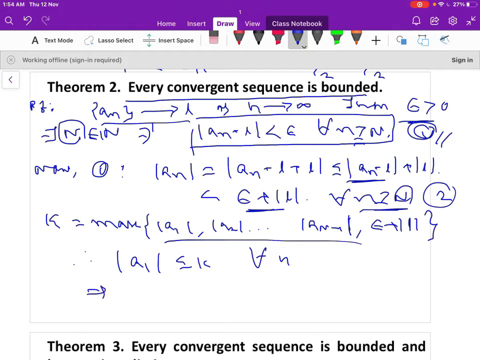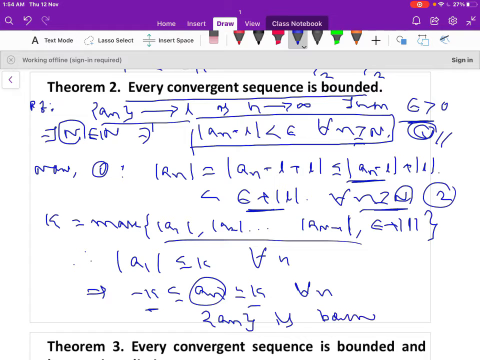It means, when you remove the modulus, minus k is less than or equal to a_n, which is less than or equal to plus k. a_n lies between minus k and plus k. This holds for all n. So therefore, the sequence a_n is a bounded sequence.